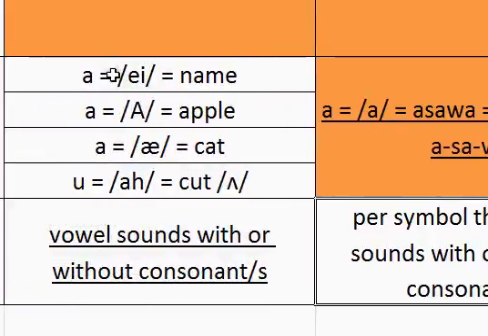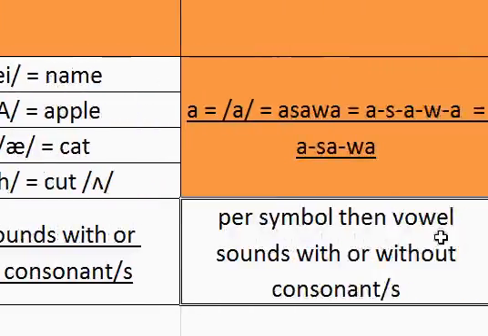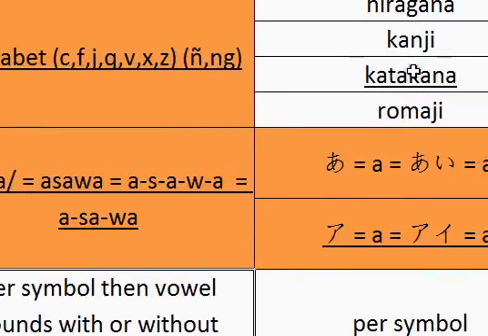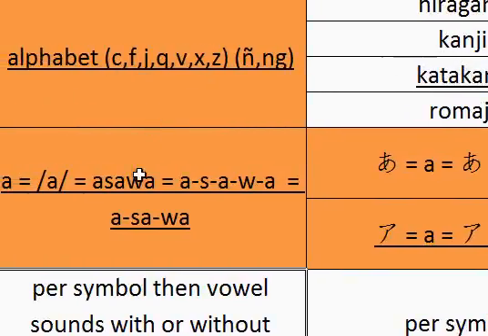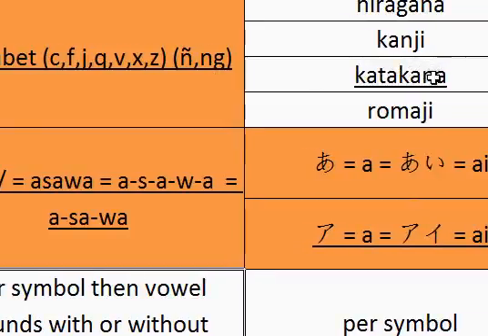First, we're going to determine how many syllables the word has in English, and then use the alphabet system, or the katakana system for the Japanese, to sound out the word in English. That's why I highlighted them and underlined them.